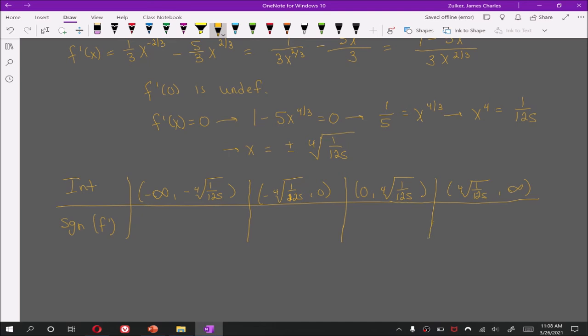If we take negative 1 in that first interval, plug it into the derivative, we get negative. If we pick a value between negative 4th root of 1 over 125 and 0, we get positive. This will be positive and this will be negative. I'll leave you to verify that.